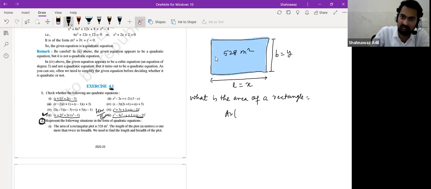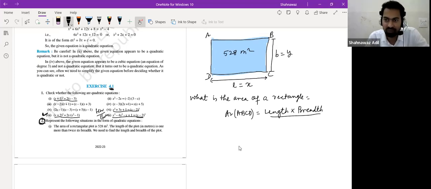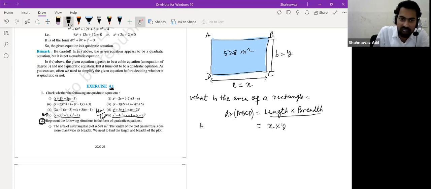So the area of rectangle ABCD would be length into breadth. We assumed length is x and breadth is y, and from the question the area is 528 meters square. So xy is 528.